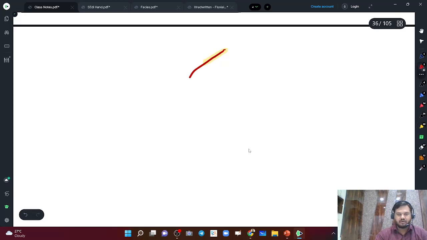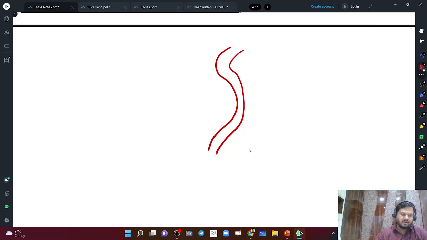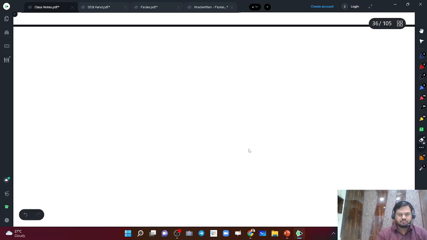This is a mildly meandering river, right?